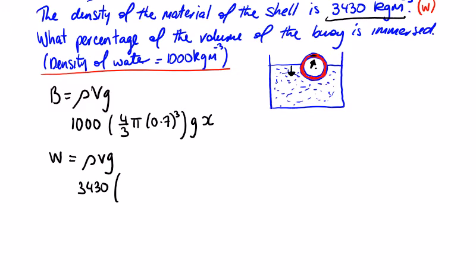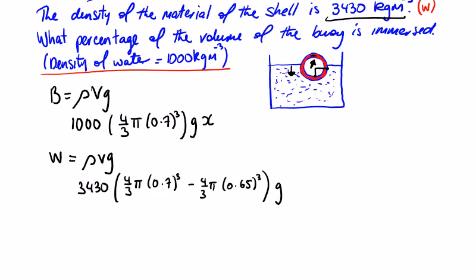So it's the external radius minus the internal radius, these two radiuses. So 4/3 pi by 0.7 cubed minus 4/3 pi by 0.65 cubed times g.